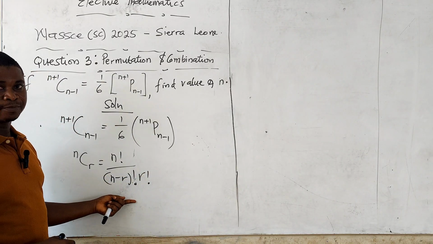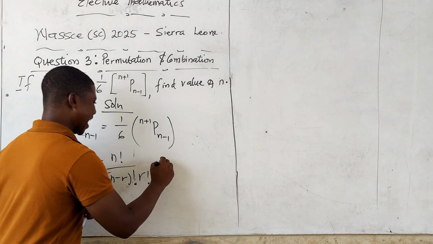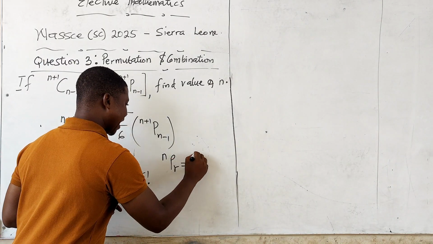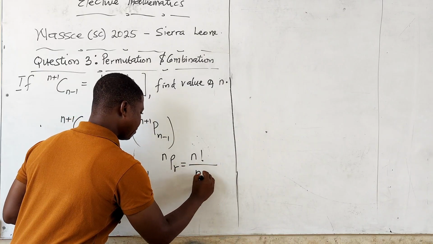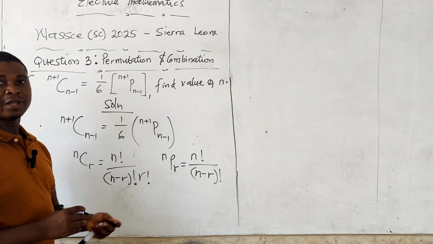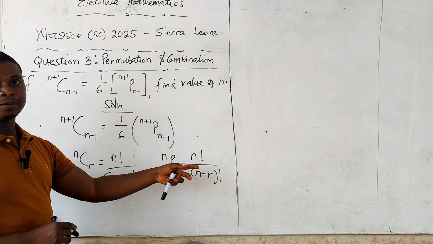That's combination. And nPr is n factorial over (n minus r) factorial. And these are the formulas for combination and permutation.